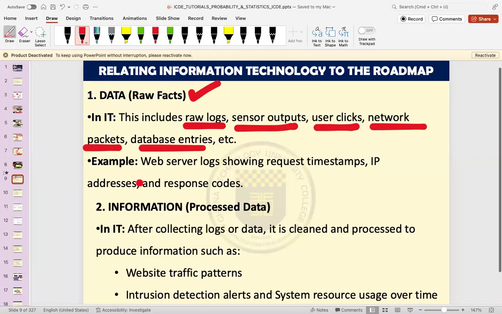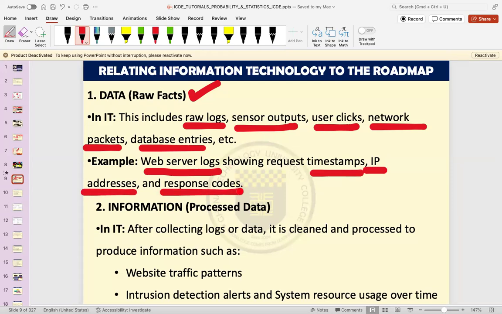An example is a web server log showing request timestamps, IP addresses, and response codes. I'm sure some of these are technical words for you, but don't worry, you are doing IT, so you will come across them one of these days if you haven't heard of them before.